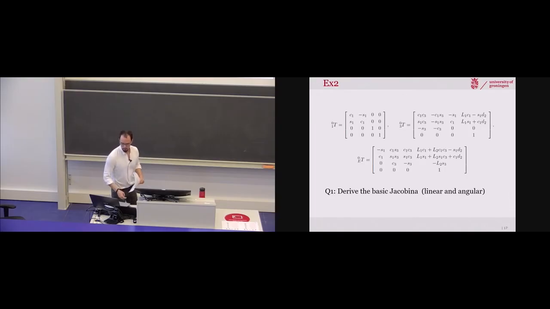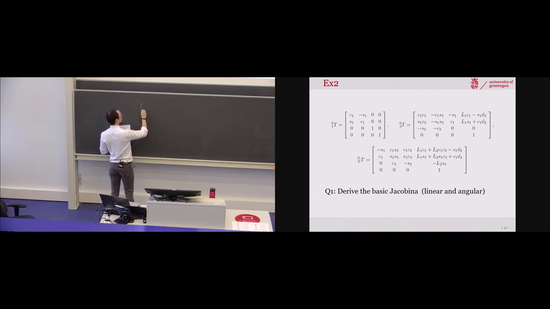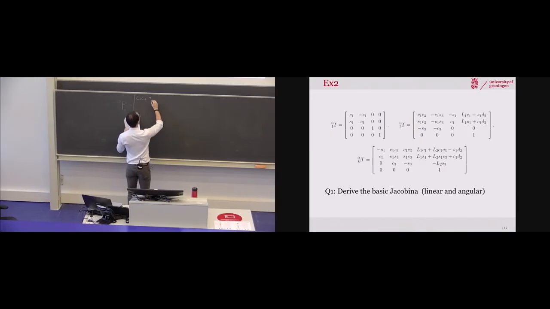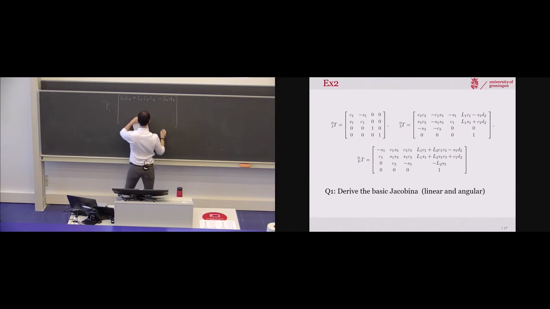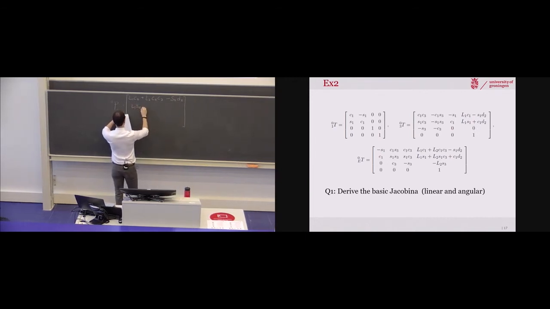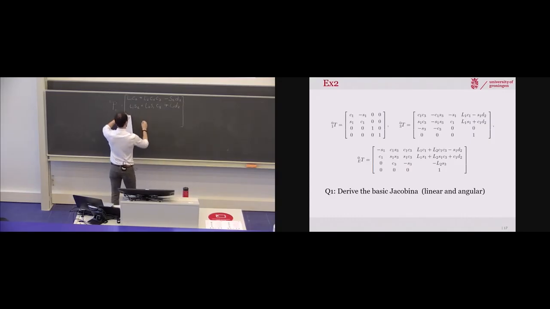Therefore, the vector P from the origin of the zero frame to the end-effector is just the last column: L1 C1 plus L2 C1 C3 minus S1 D2, and then L1 S1 plus L2 S1 C3 plus C1 D2, and then minus L2 S3.